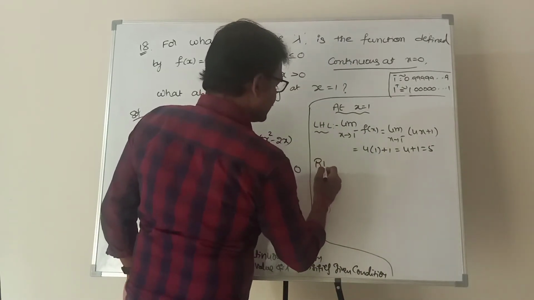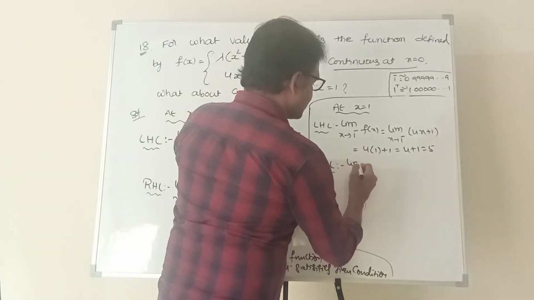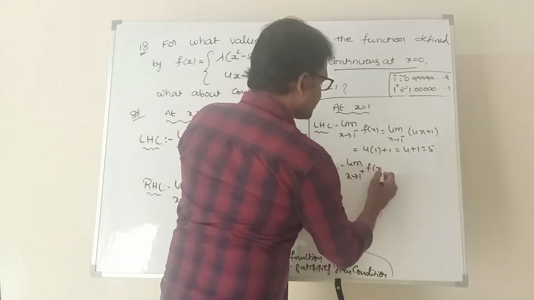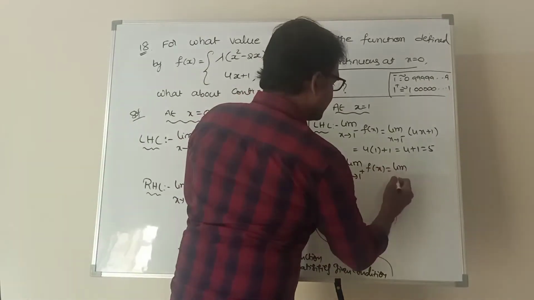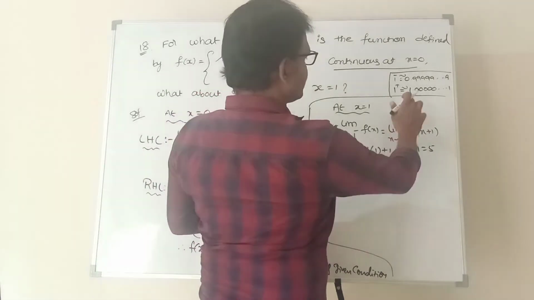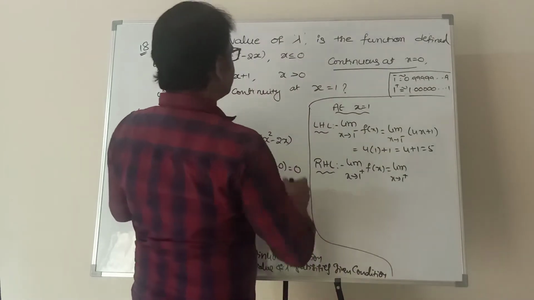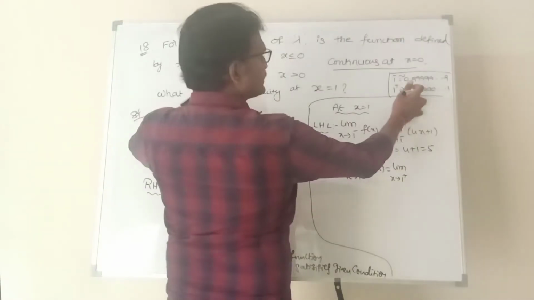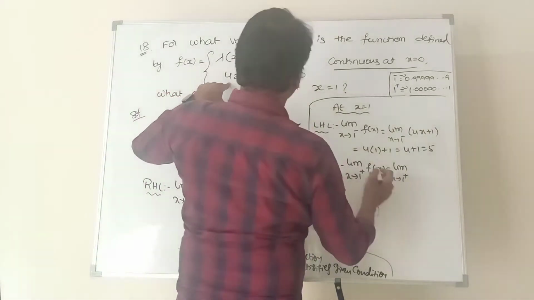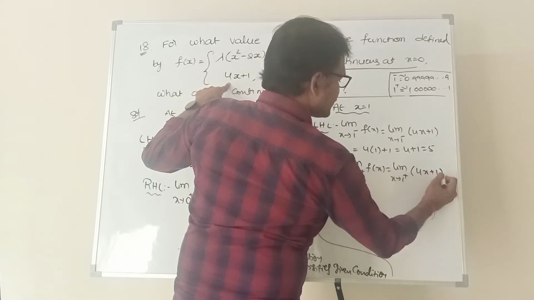Next, the right hand limit. Limit x tends to 1 plus of f of x. 1 plus means 1.0001, just greater than 1. So this value 1 plus is also more than 0, x greater than 0. Then which function should we take? 4x plus 1.